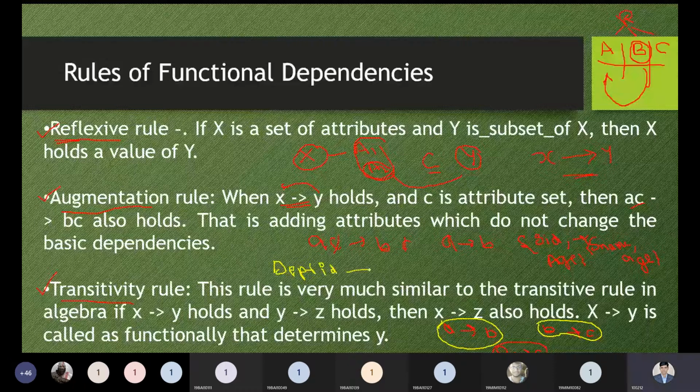Department names are like computer science, chemistry, physics. Each and every department has its own ID. So the attribute department name depends on the department ID. Can we say it is a functional dependency example?